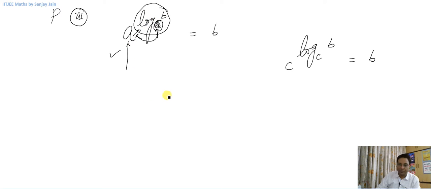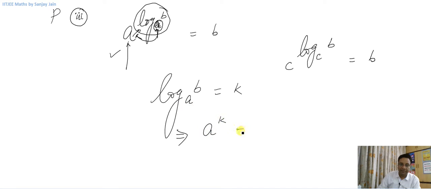So we can prove it very simply, right? This is a simple observation. Let us say I consider log b to the base a as k, okay? So from the basic definition of log, what can I say is that a raised to power k is equal to b. Yes, because this is the definition of log. If I take log b to the base a as k, I should raise this base a to power k to obtain the argument b.